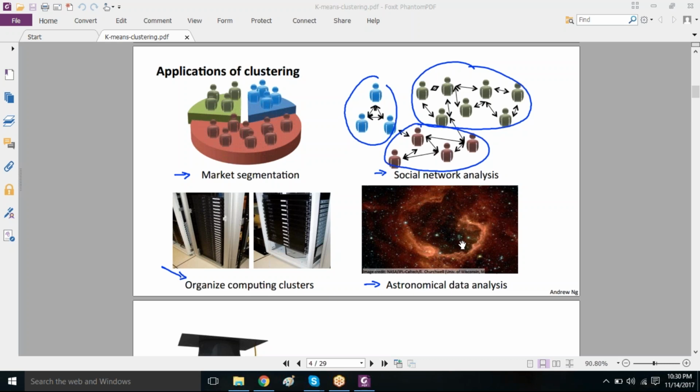What you have is just data. And you want to find, among this data, which are the data points of a similar type. Maybe for market segmentation, maybe for social network analysis, maybe for my speaker ID problem.